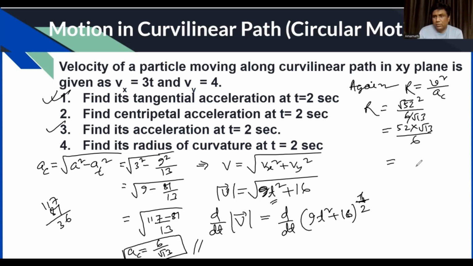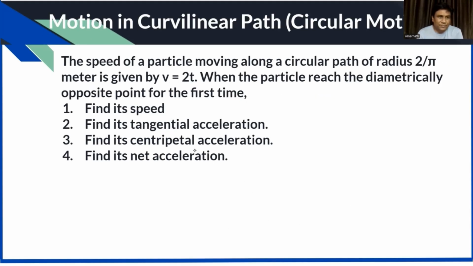So it is 326 root 13. I think we cannot simplify it more. Check the calculation part once more. All will be in meter, nothing else. Think of this question.